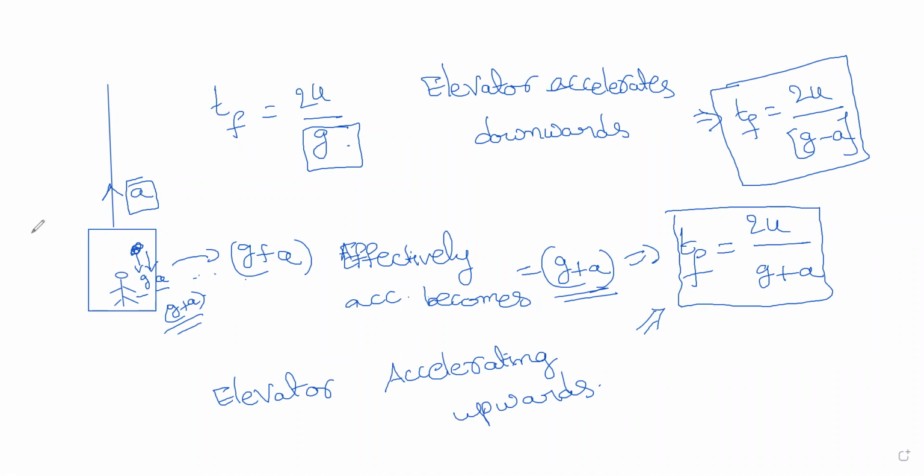And now when the lift is coming downwards, the stone is thrown up, acceleration is downwards, no? So we will give a upwards. So you get g minus a. So for downwards, g minus a; for upwards, g plus a. This is what is called the concept of reference frames.